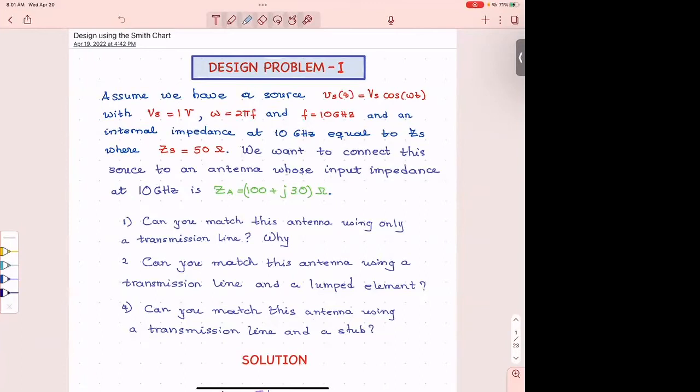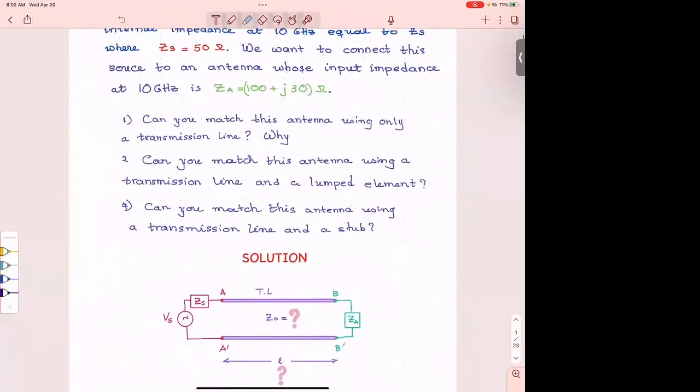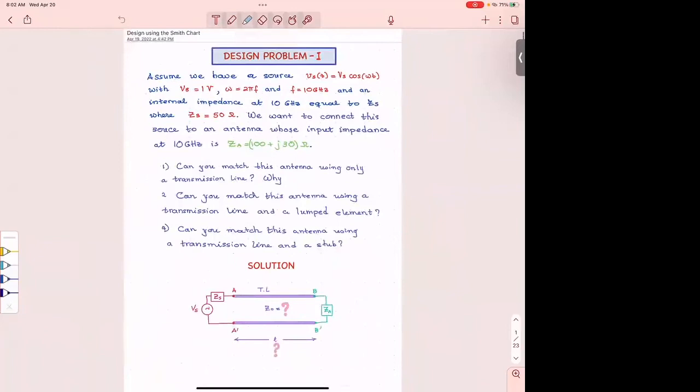And what it says, we have a source with an internal impedance at 10 gigahertz equal to Z. Okay, the source now has also an internal impedance, Z sub S, that's how we normally show it, 50 ohms. So it's a real, you will see also here. And so at the end of this transmission line, we have a load.